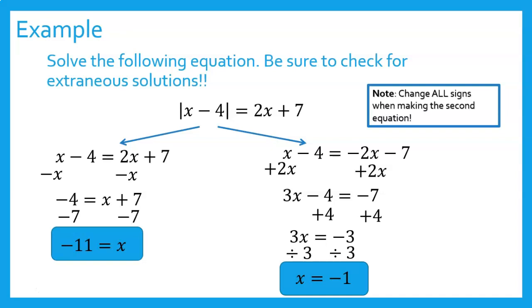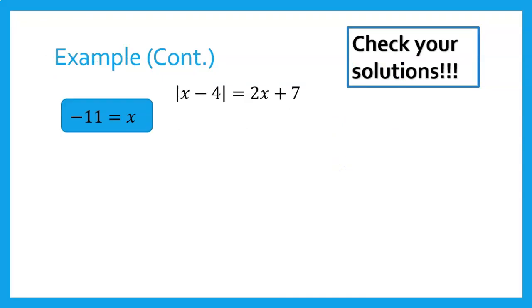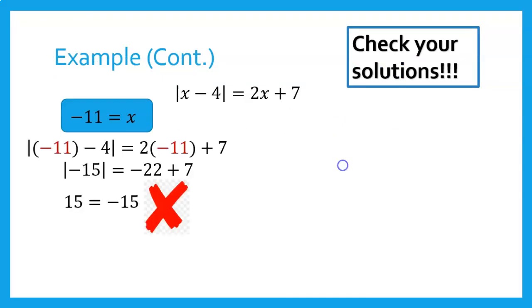So far, this problem looks very much like the other types of absolute value equations we've worked through. But remember, we must always check our solutions. So let's go do that. There's my original problem again. The first solution I got was -11. So I substitute -11 in everywhere I see an x in the original problem and solve it.